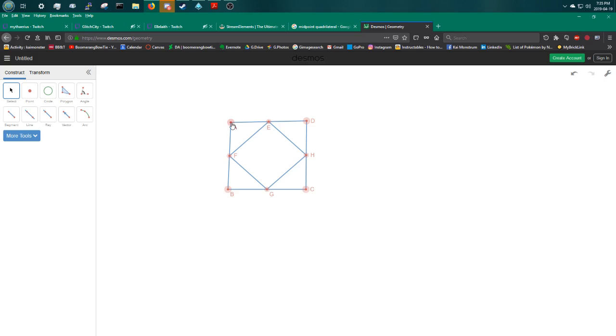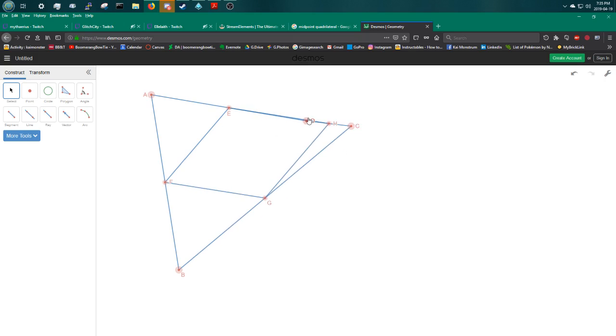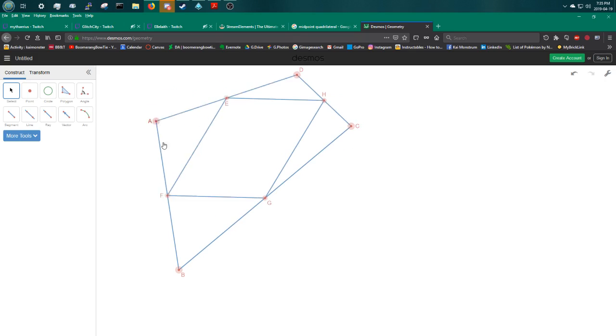The first thing I'm going to state is that it's a quadrilateral, and as long as I have four sides of any length or shape, they don't necessarily have to be parallel. So I can really stretch this out and make it a kooky shape. But as long as I have four sides, I'm good.